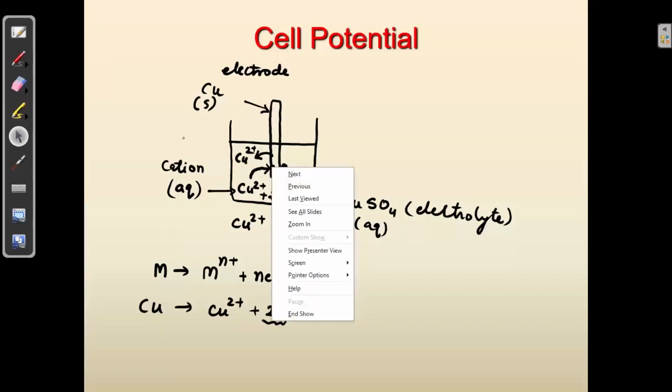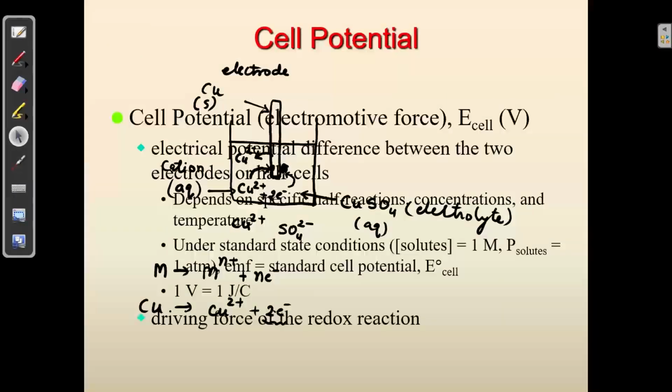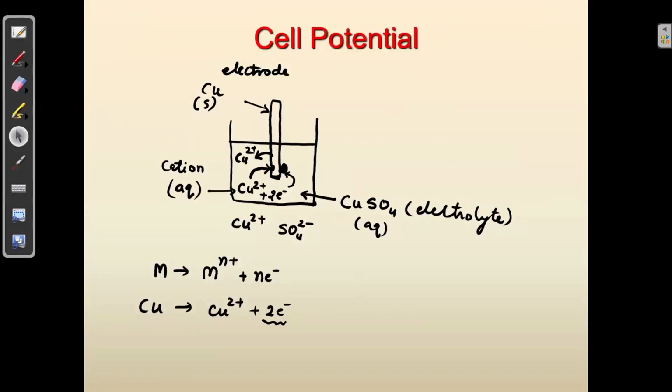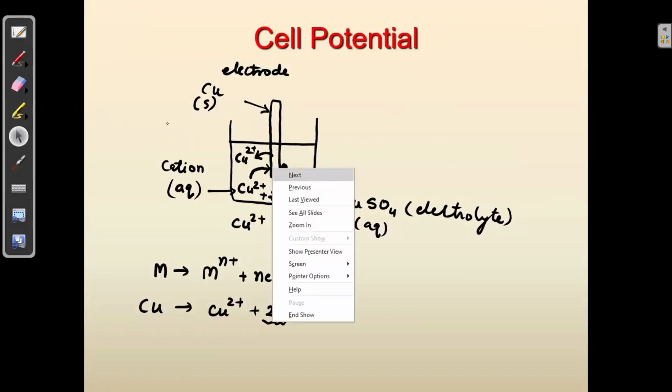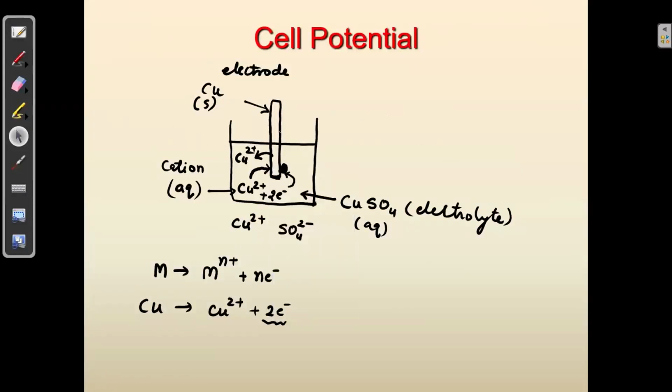So what is actually happening here? You can say that there is an equilibrium set. For example, if 100 particles of copper ions come out from the electrode, at the same time 100 ions from the solution will go back into the electrode. So there is an equilibrium.